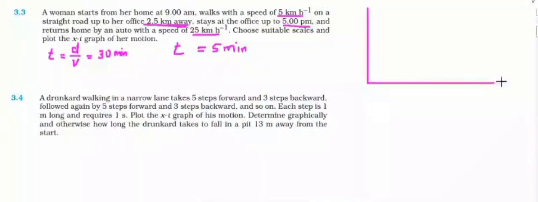So again we can calculate the time. Using the same formula, you will get that she takes around 5 minutes to return back home. Now we are asked to draw a graph.